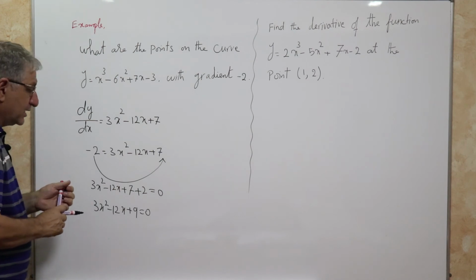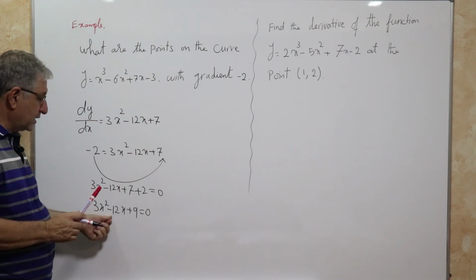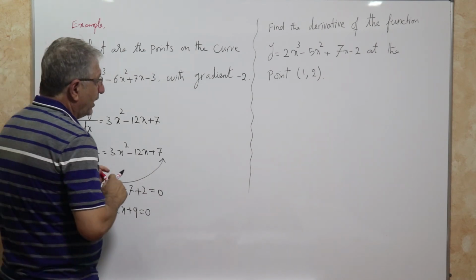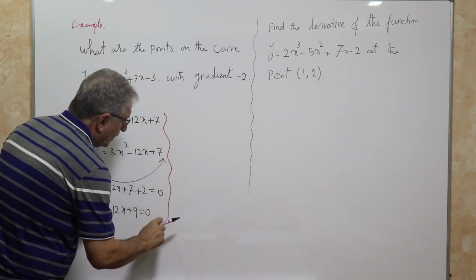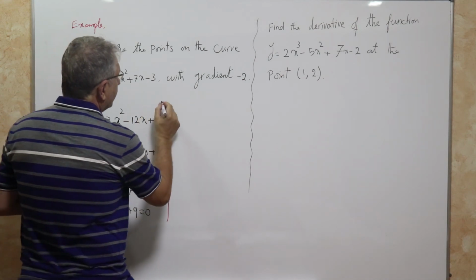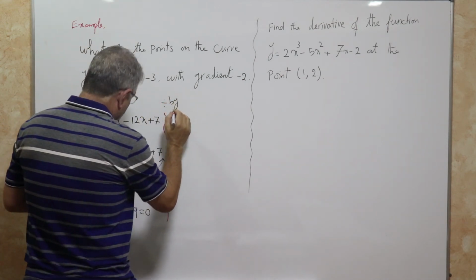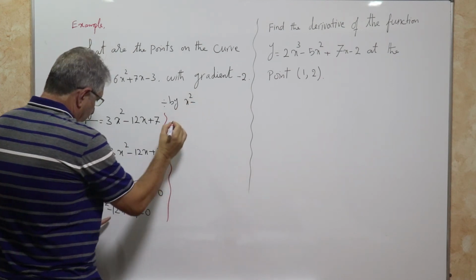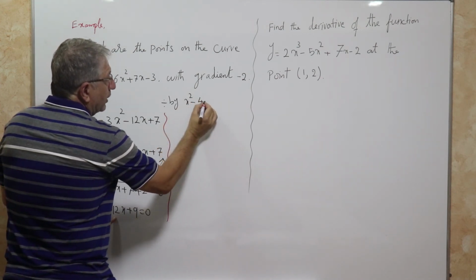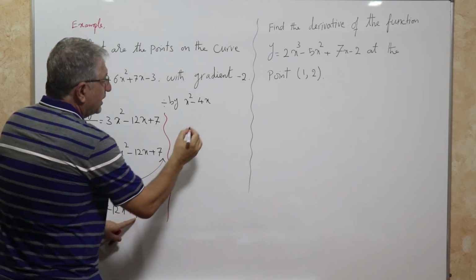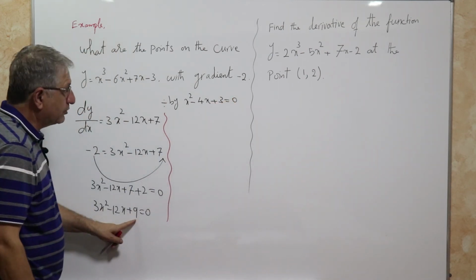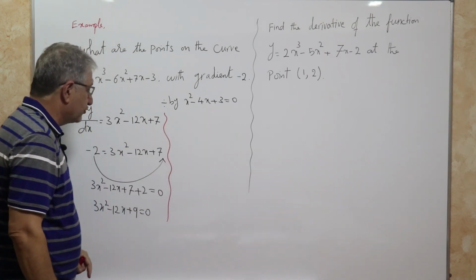You can see that all of these numbers can be divided by 3. If you divide them by 3, you are going to get x squared minus 4x plus 3 equal to 0. 9 divided by 3 is 3.